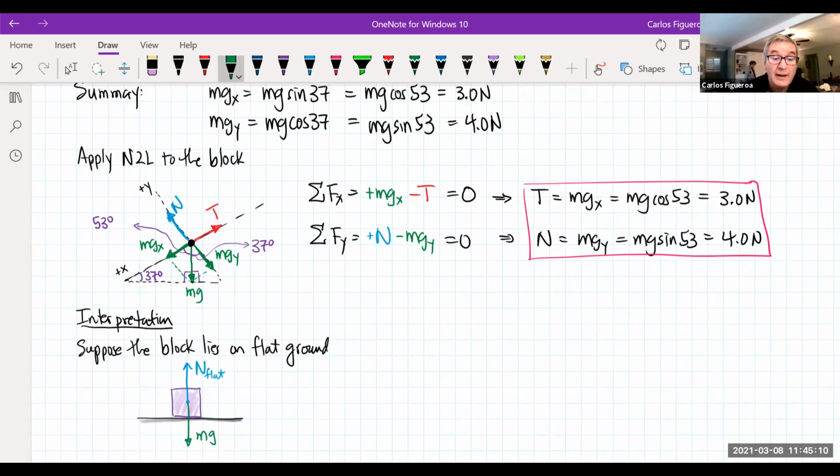That is the weight. And when you look at the normal in this case, we can clearly see that if it's static, then we have the normal equal to mg, and mg in this case is 5 newtons. So we know that for a fact.